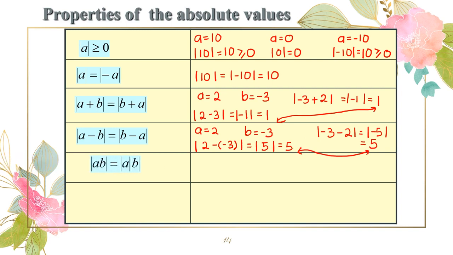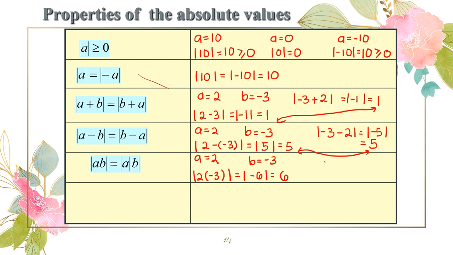We have seen addition and subtraction. Now let's look at the multiplication property of absolute values. Again, let's say our a is 2 and our b is negative 3. The absolute value of 2 times negative 3 gives us negative 6, and since we have the absolute value, it gives us positive 6.